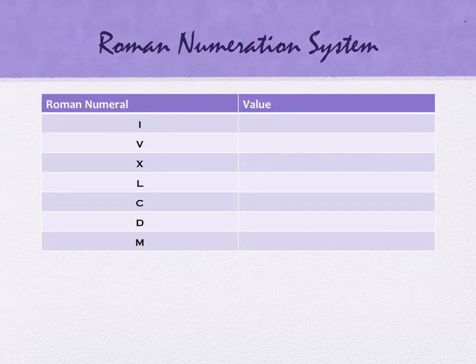I know there's one of them you've seen because you guys have all taken some English classes. Unless it's more like chapters. Yeah, usually like outlines or book chapters. I have a book that I'm reading to my daughter right now, and it's set in London, so apparently they wanted to make it look and feel a little older, and so all of the chapters are done in Roman numerals.